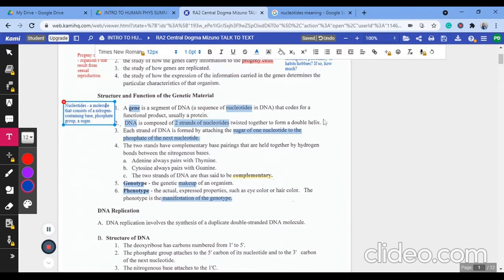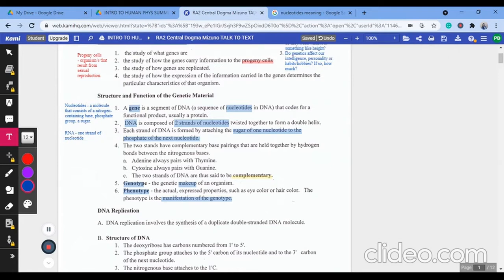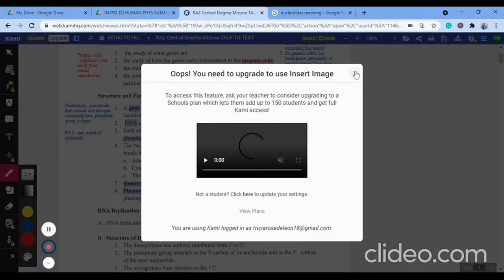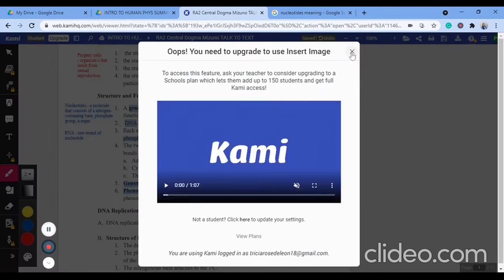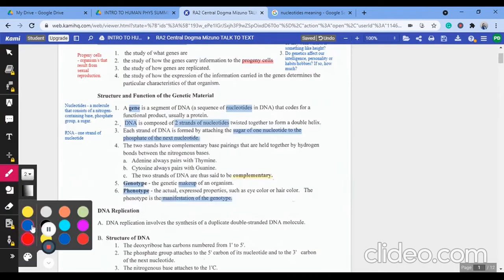DNA is composed of two strands of nucleotides, which means that RNA is only composed of one strand of nucleotides, and each strand of DNA is formed by attaching the sugar of one nucleotide to the phosphate of the next nucleotide, which connects to what I wrote at the top.